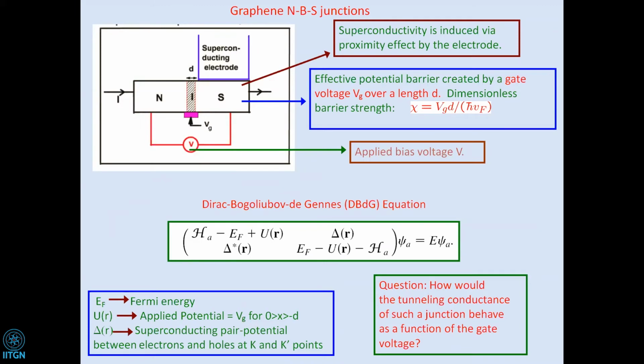Now, we wanted to look at this when you do this with graphene. So graphene is not a superconductor by itself. But what you can do is that you can bring a superconducting electrode very near a part of this graphene sample shown here. And then superconductivity is induced in graphene by the proximity effect.